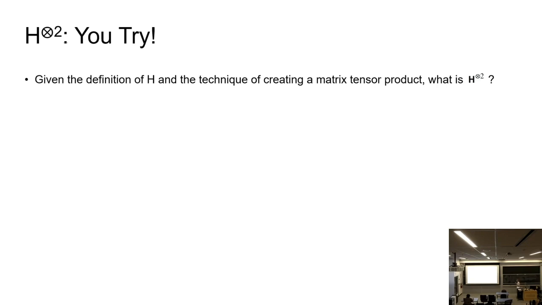Think about using the technique that we've looked at for creating tensor products. What is the tensor product of H with itself? All we need to do is multiply each element of the Hadamard matrix by a Hadamard matrix. So it's square root of 2 over 2 times the Hadamard matrix. When we multiply square root of 2 over 2 by square root of 2 over 2, we get 1/2.